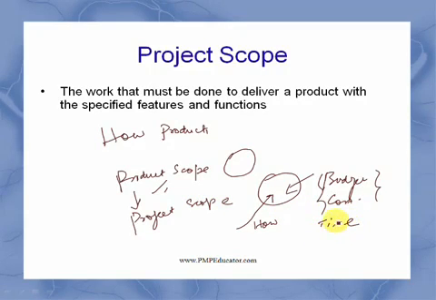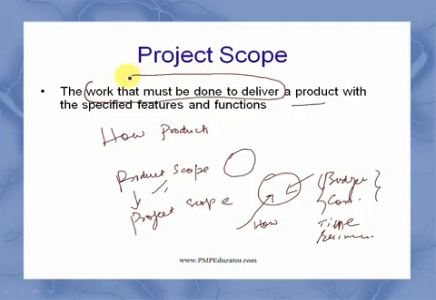Then you have a time constraint, and also you have resources and some other features. So basically, in order to deliver a product with a specified feature and function, the project scope contains all the information on what work must be done to deliver it.